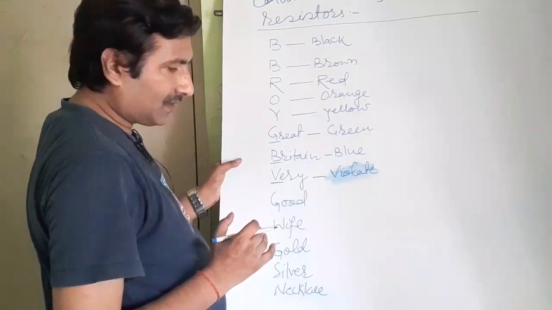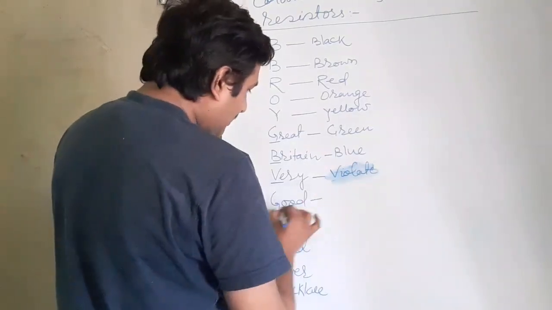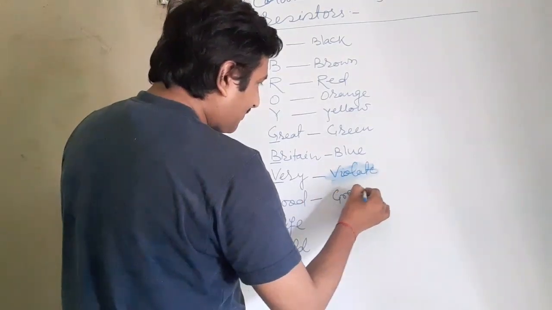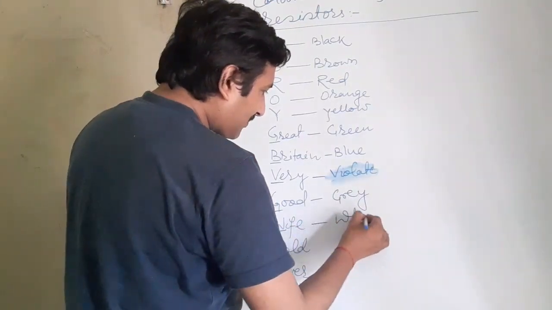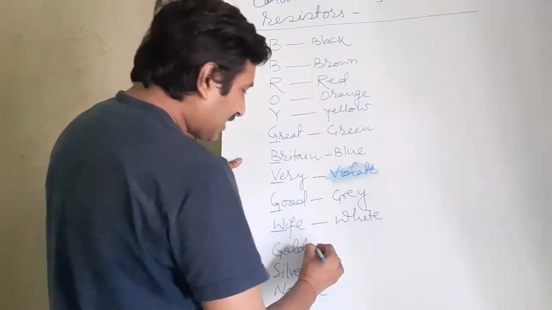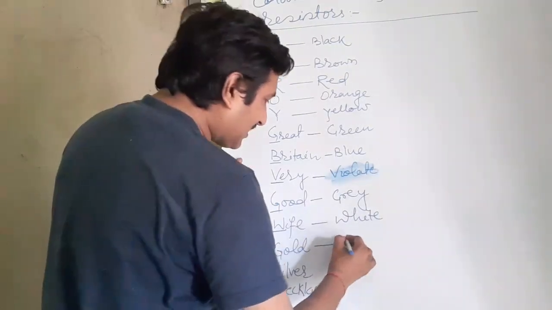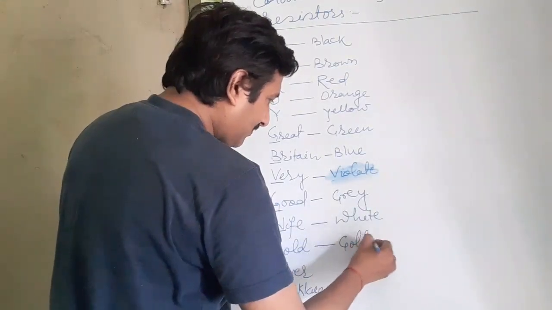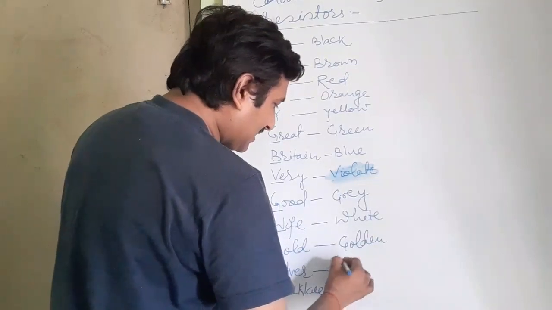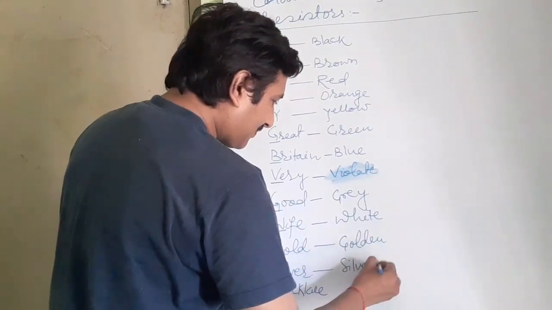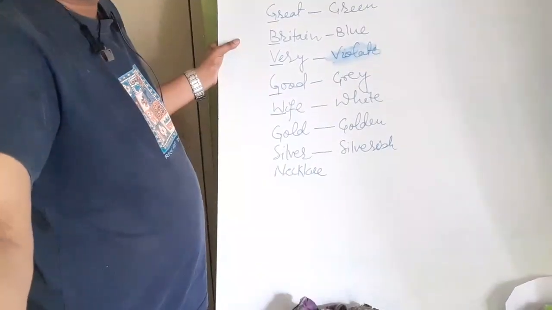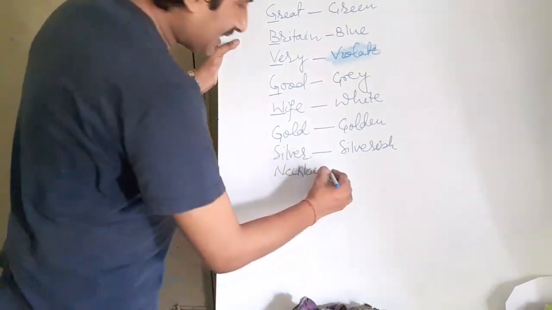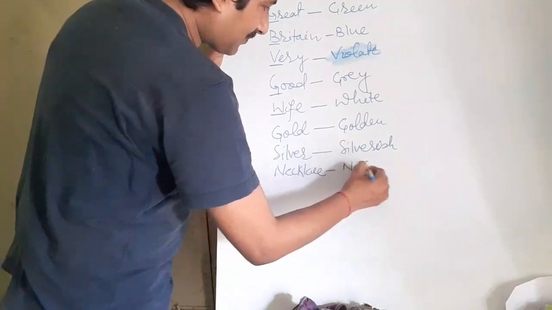Okay, and good, this G represents grey, W represents white, gold represents golden, silver represents silverish, and this necklace represents no color.